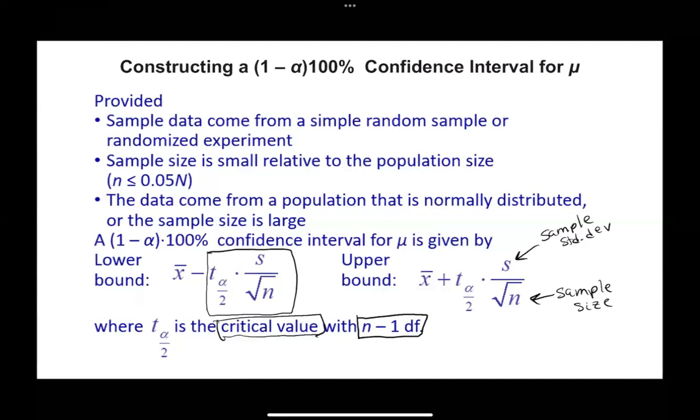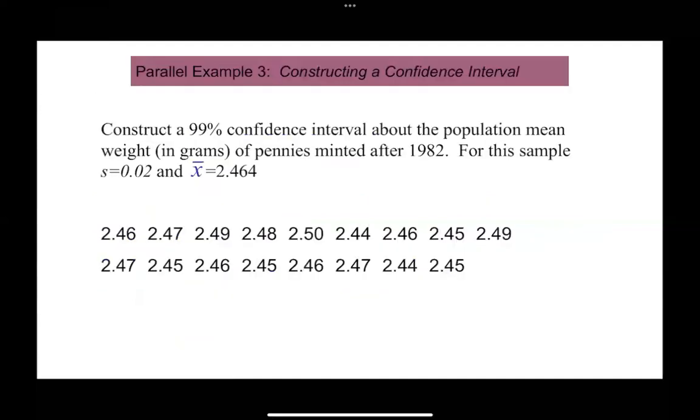No problem. Okay, I have some sample data right here. For this sample, we have a standard deviation of 0.02 and a sample mean of 2.464. This is the sample we did before. We want a 99% confidence interval about the population mean for the weight in grams of pennies.